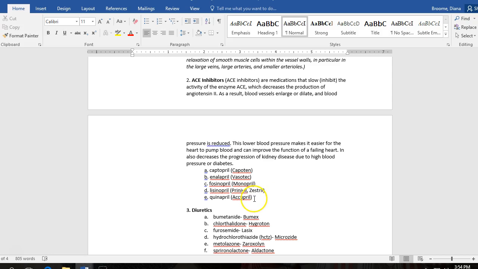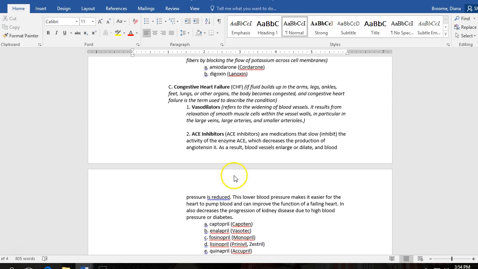Here are the drugs that you would need to know. For these particular drugs, you don't necessarily need to know for this quiz that they're used for congestive heart failure. Just know that it is an ACE inhibitor. The reason I put this here is because I think it's important for cardiovascular drugs for you to know what a CHF is.